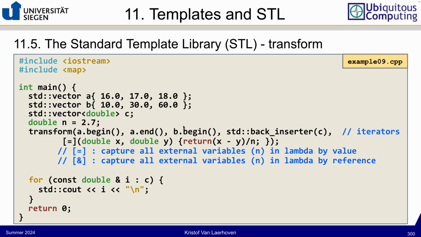So it takes the first element of A, the first element of B through those iterators and gives those as doubles to this function. And this function then takes n as well as these two elements and then calculates this over here. Okay? It's a little bit complicated, but it's very powerful and very time-saving, or especially space-saving, right?